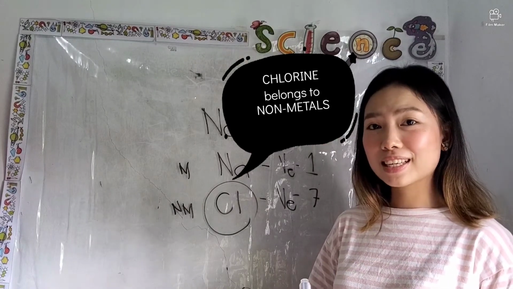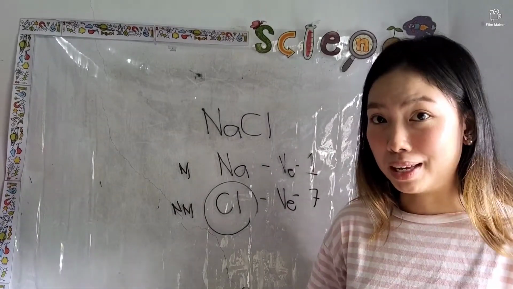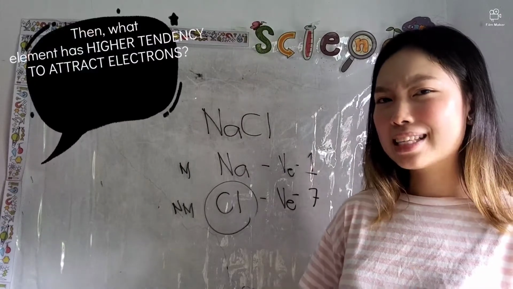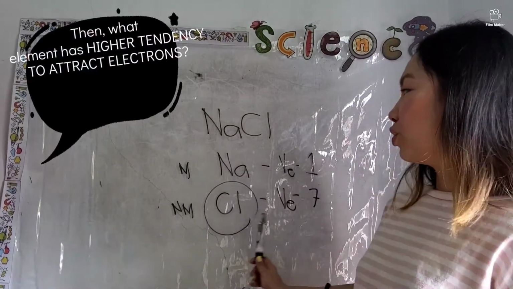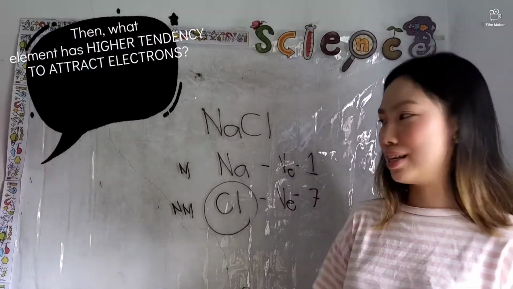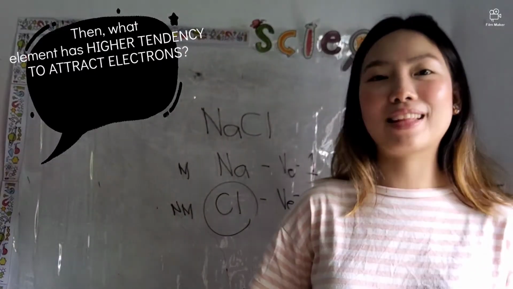So, from this, anong element or what kind of element has a higher tendency to attract electrons? Is it the metal or the non-metal?